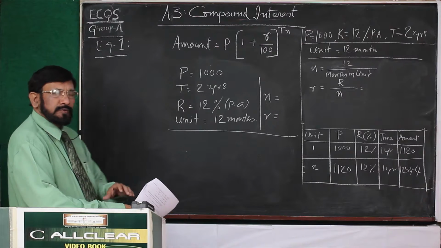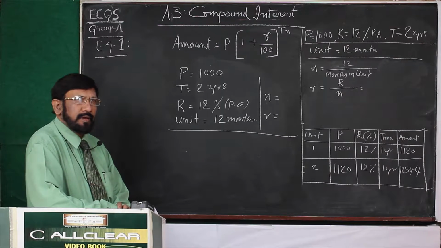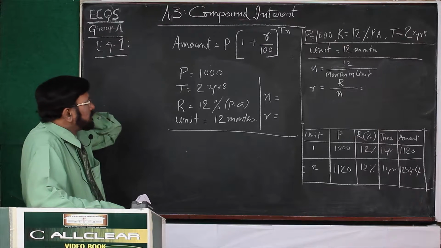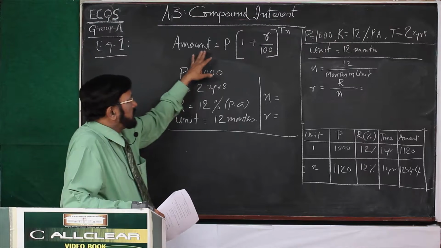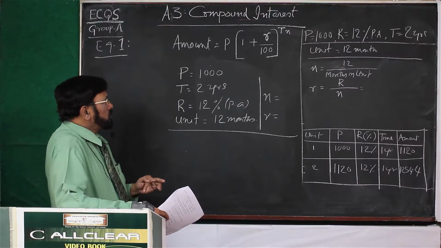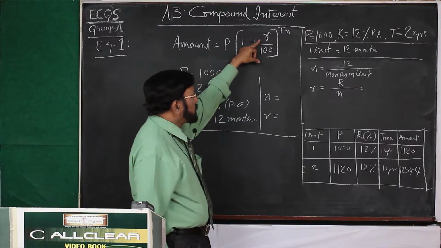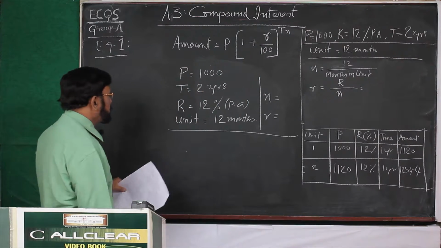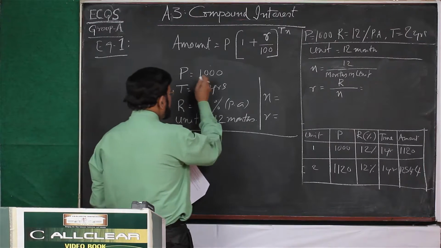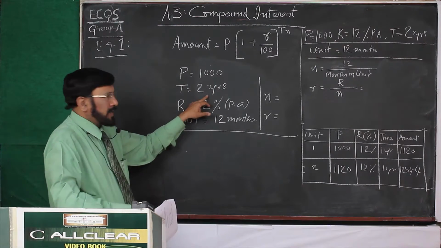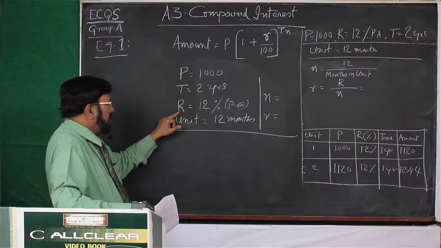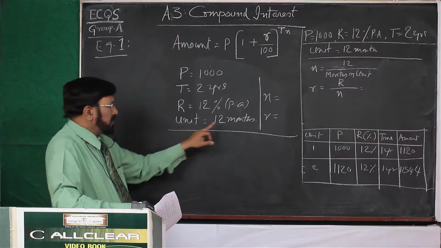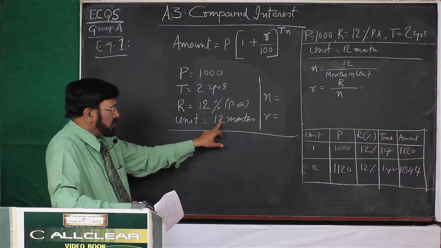Now, in order to crystallize our knowledge, let us consider some examples. Example number 1. Amount is equal to P into 1 plus small r by 100 to the power T into N, as already explained. What information is given in the problem? P is 1000 rupees, time 2 years, R rate of interest per annum 12%, unit period 12 months.